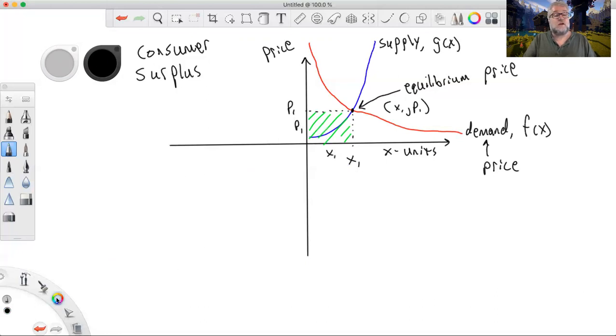So the green area there is going to be total revenue. And that's how we would read that off this chart.